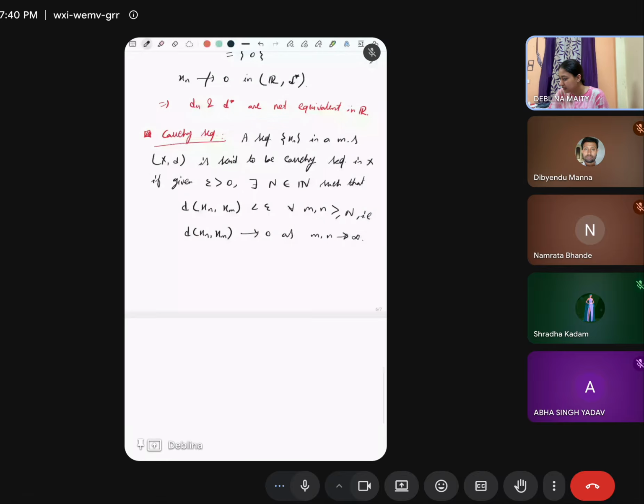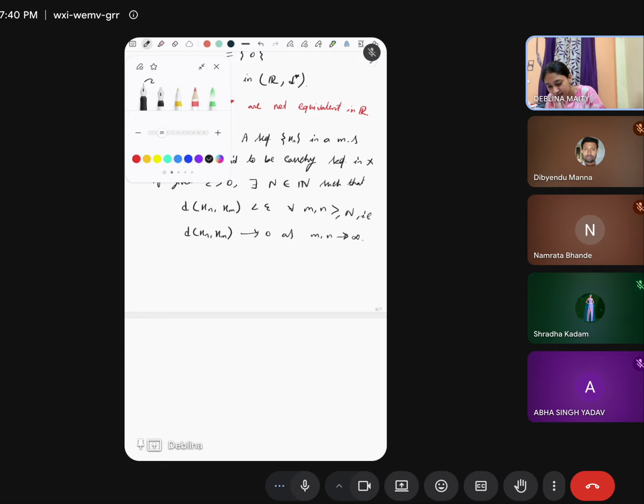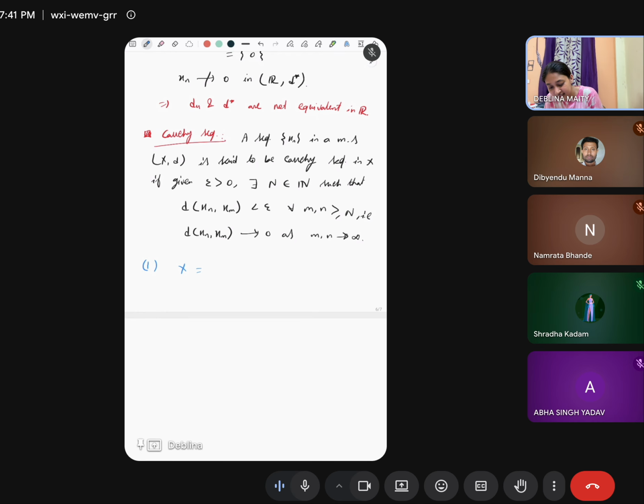Now here we'll take this set. Suppose X is the set of 1 by n, where n belongs to the natural numbers. Here X is not R, X is only this set.